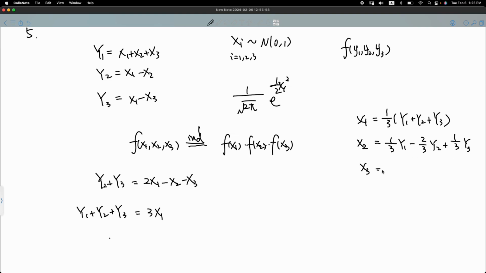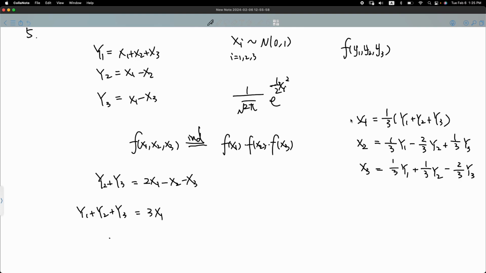Similar for x3, 1/3 y1 plus 1/3 y2 minus 2/3 y3.